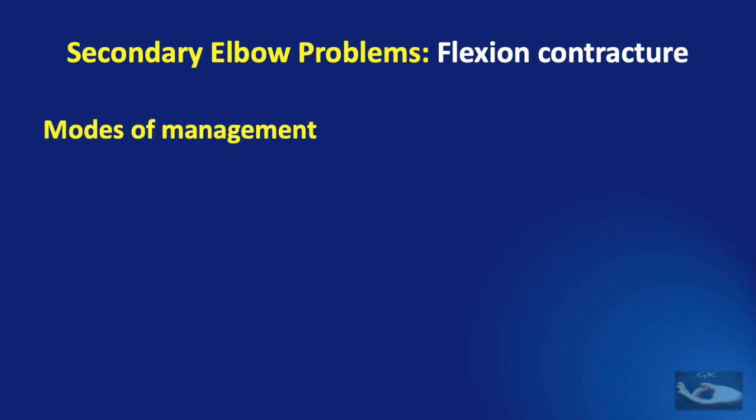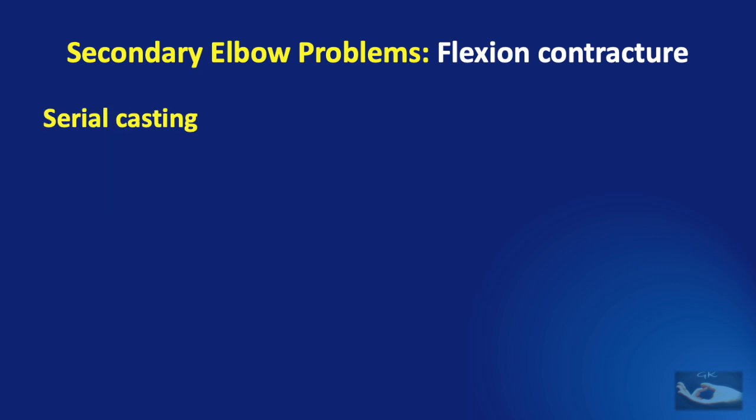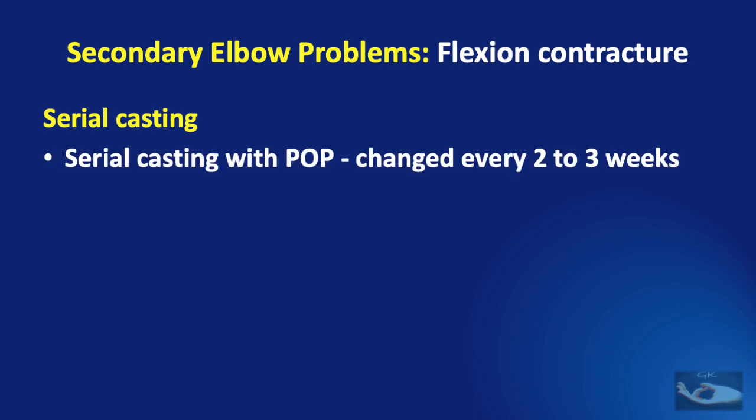There are basically two modes of management of the flexion contracture of the elbow in birth brachial plexus palsy: serial casting or stretching, and surgical management. The aim of serial casting is to improve the attitude of the limb at the cubital level. The POP cast is applied with the elbow in maximum stretch possible.